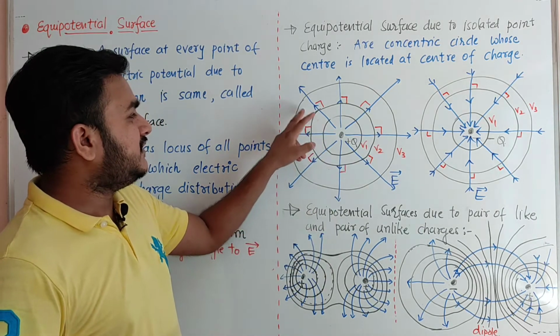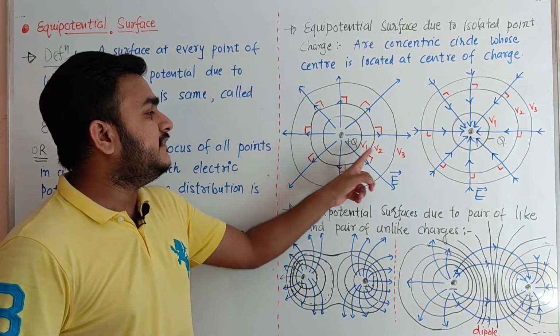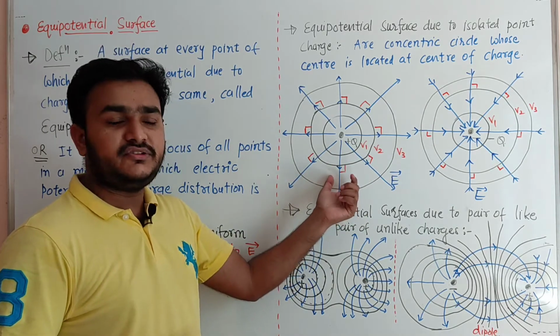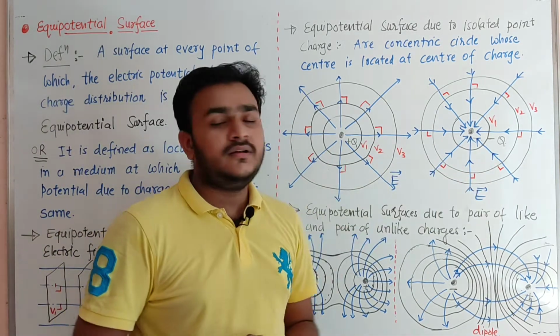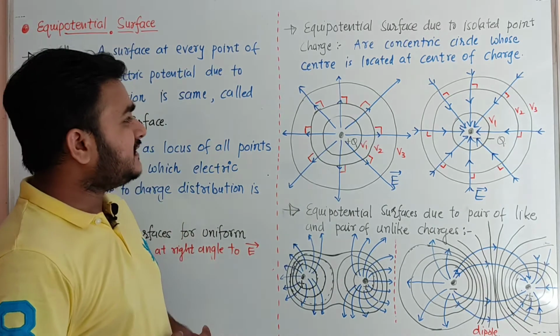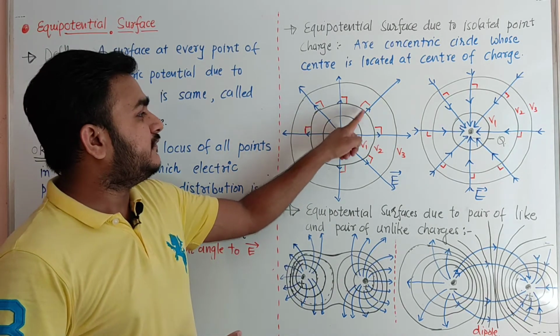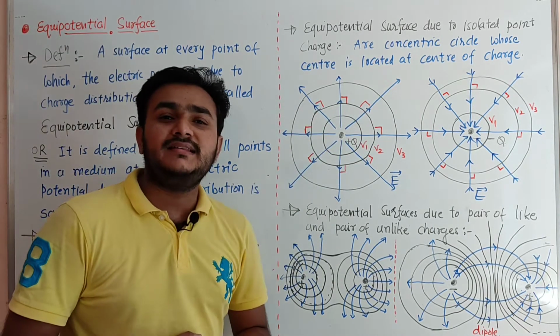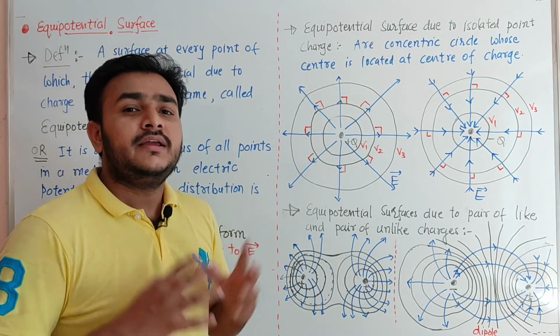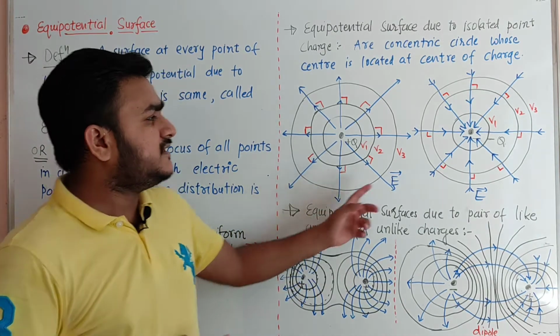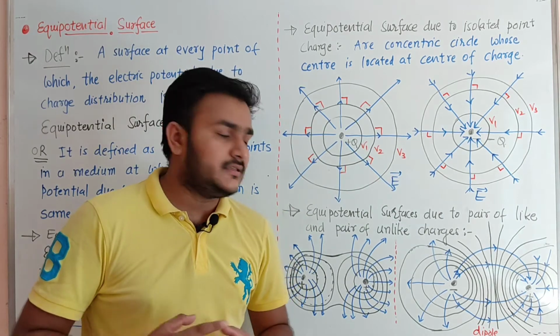So three equipotential surfaces with three different values are shown for the positive charge, and likewise for the negative charge. As you can see, at every point of the surface the electric field lines pass perpendicularly to the equipotential surface. This is the same for the negative charge as well.